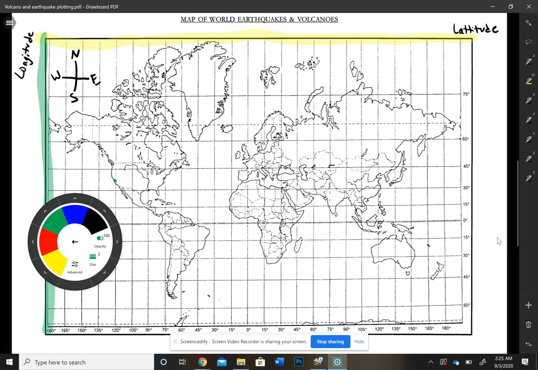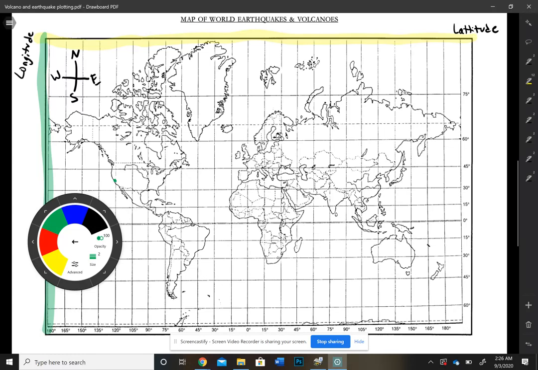Next up, I think it's a reasonable goal to do 5 earthquakes and then 5 volcanoes. Okay, so we already did 40 north, 120 west. Now we are at 5 south, 110 east.